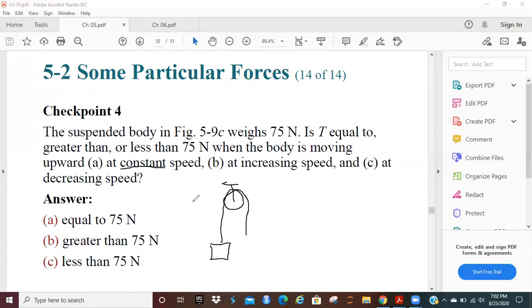If the body is moving upwards at an increasing speed, then what is the tension going to end up being? Is it going to be greater than, or is it going to be less than?